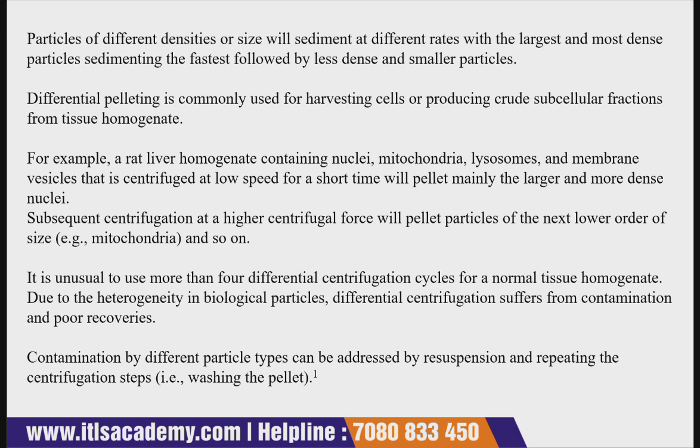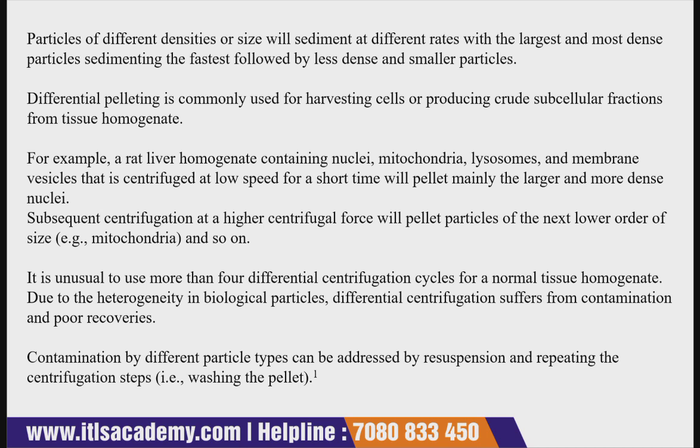So particles of different densities or sizes will sediment at different rates, with the largest and most dense particles sedimenting fastest, followed by the less dense and smaller particles. Differential pelleting is commonly used for harvesting cells or producing crude subcellular fractions from tissue homogenate.